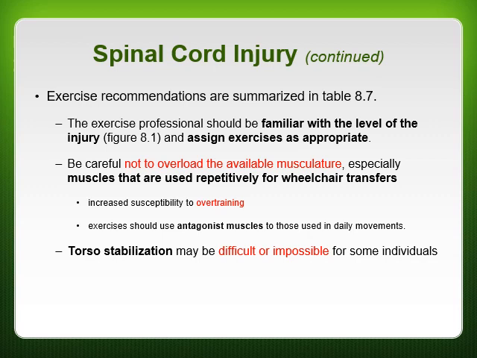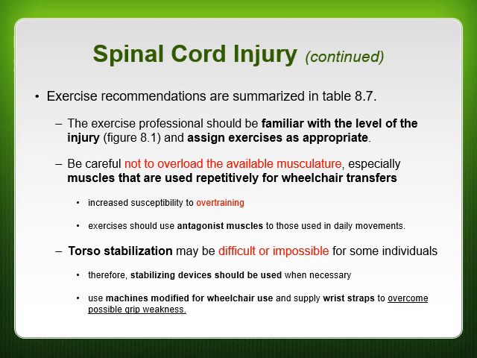Torso stabilization will likely be difficult or impossible depending on impairment. So you might need some stabilizing devices, straps, that sort of stuff to kind of help secure them to whatever equipment you need so they can execute these movements. There are machines modified for wheelchair use.